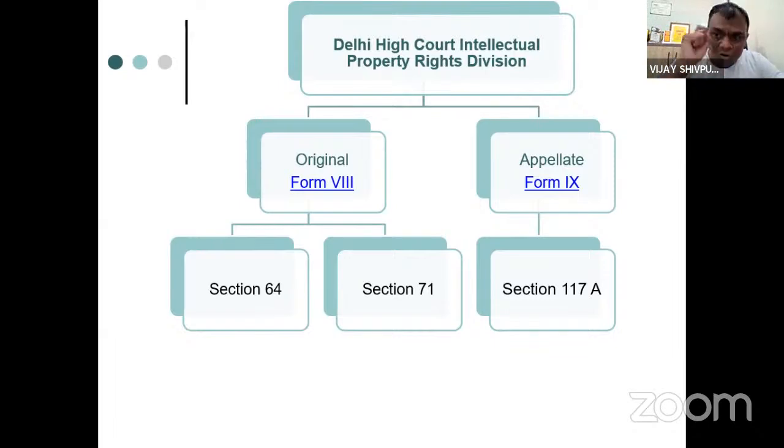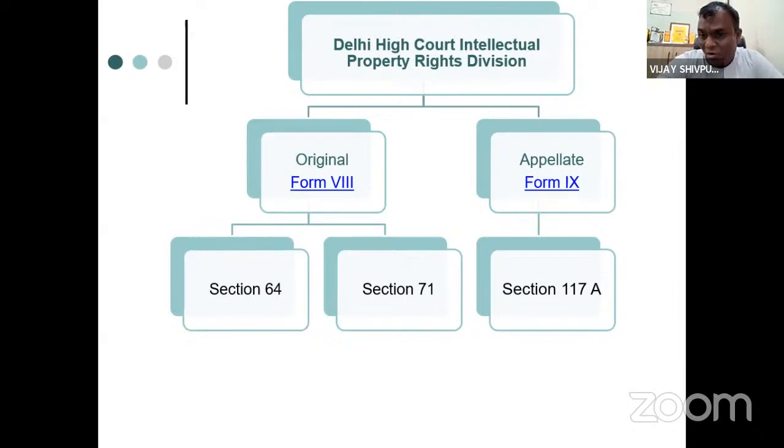As I said, original jurisdiction is only in cases of section 64 revocation and section 71 for making changes. The IPAB's authority to make changes in the patent register is now shifted to the Delhi High Court IP Rights Division. This can be done through Form 8. We'll see the format of Form 8 here as well.